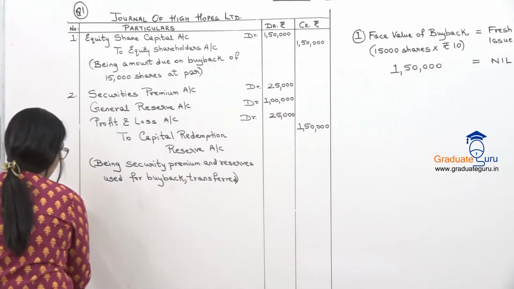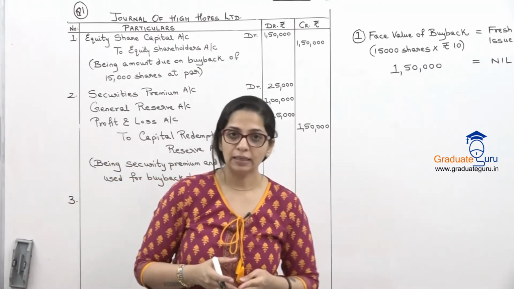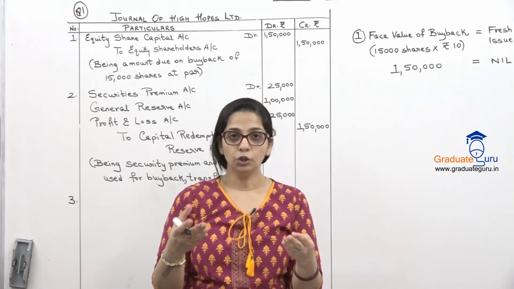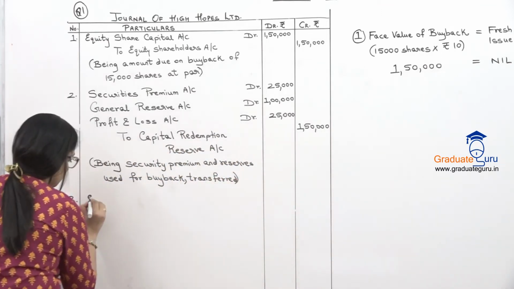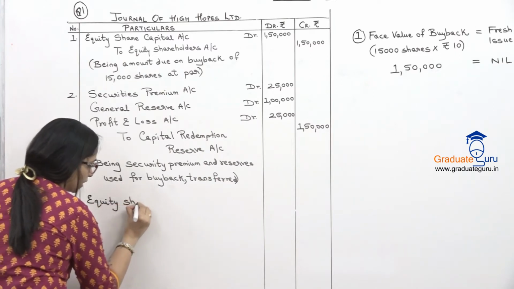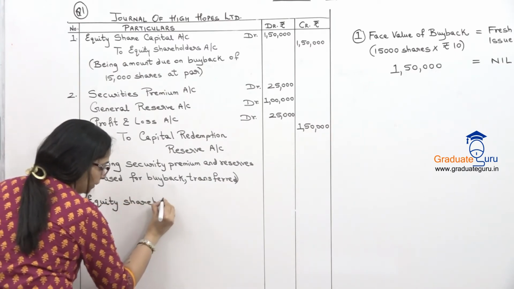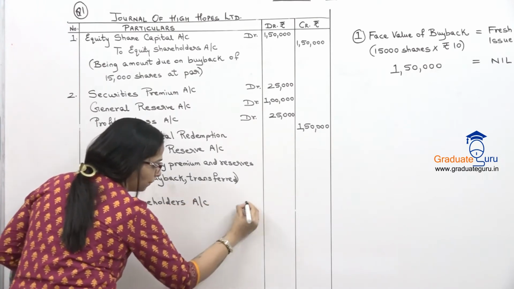So the third entry is for payment. Obviously हमने buyback किया है, you have to pay it to the shareholders. So you are going to pay the shareholders. So I will debit the equity shareholders account. So it will be equity shareholders account debit and you are paying them.